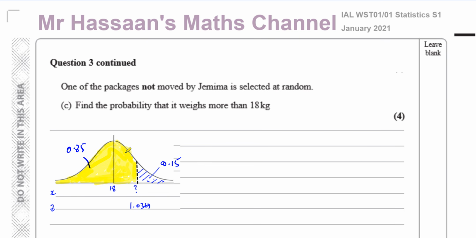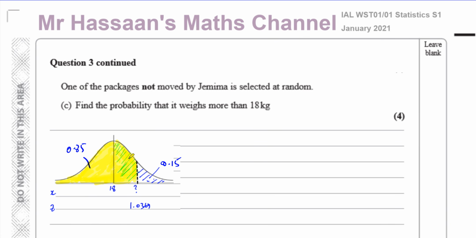So over here, what we're looking for is this region over here. We're looking for the region such that it weighs more than 18 kilograms. So it's going to be in the region between these two.